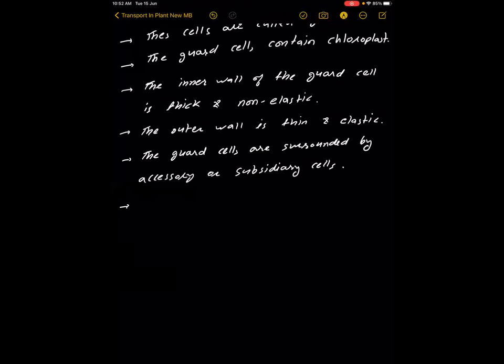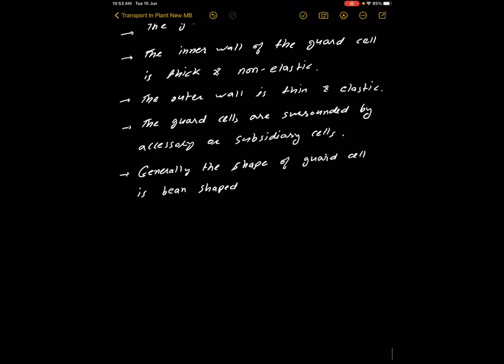Sir, one scale-up shape, please. Generally, the shape of the guard cell is bean shaped. Sir, this point is over. No, actually, I'm comparing here.